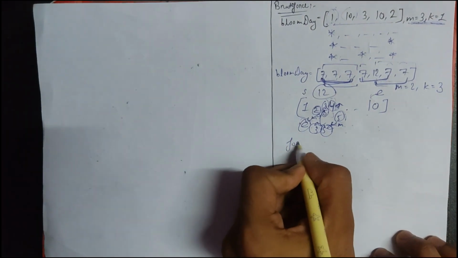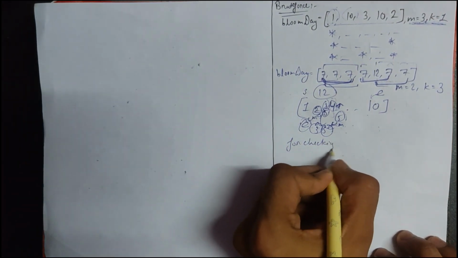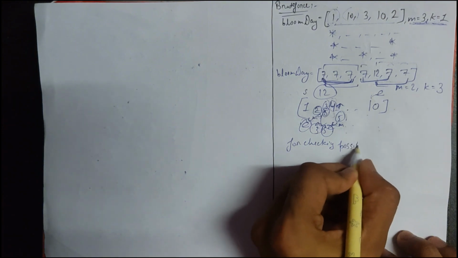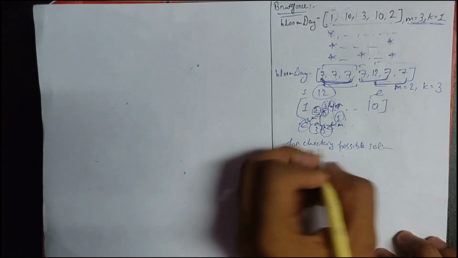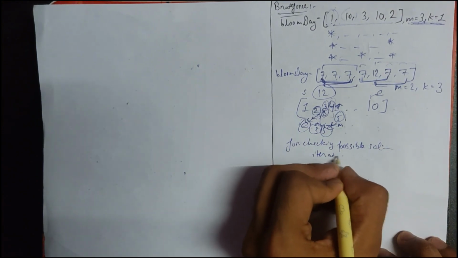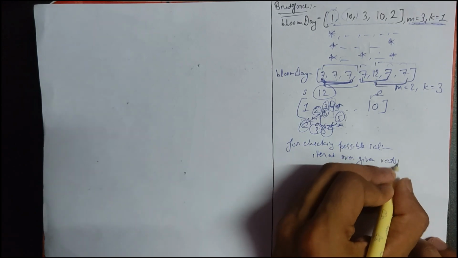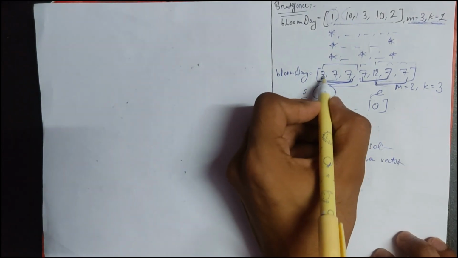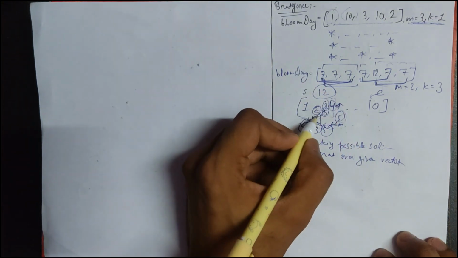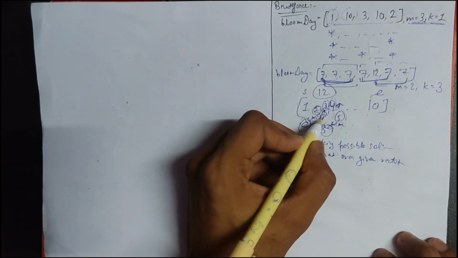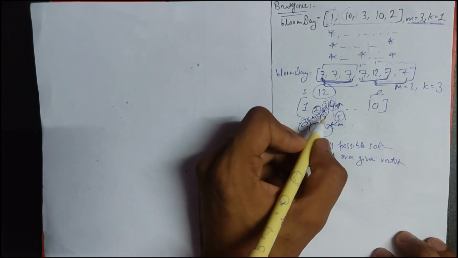For checking a possible solution, what we will do is iterate over the given vector, and we will check if this value is less than or equal to the value we are checking, the mid value from the binary search.